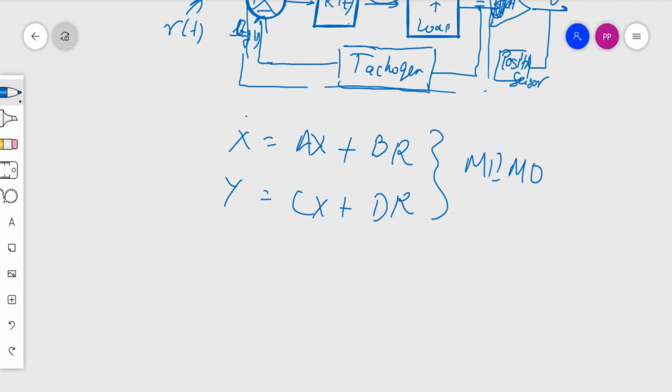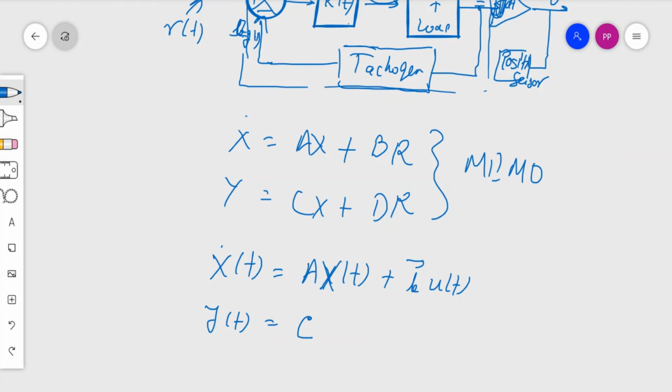So here we will consider x dot t equals Ax t plus B u t, but B is a vector definitely. Y is a single output, here it is omega. Then C is the transpose of a vector.